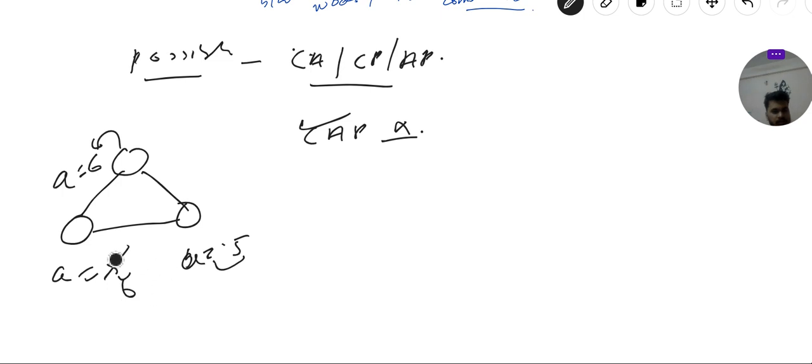So this will change this value to 6. This will contact this, and this will also change the value to 6. So consistency is done. Now availability. Availability means if we query what is the value of A, then this node and this node are ready to give the value, and it will get the value 6.